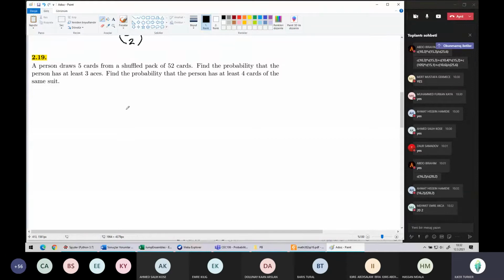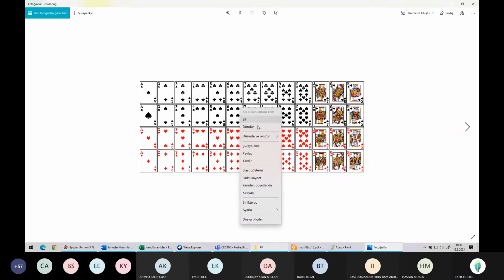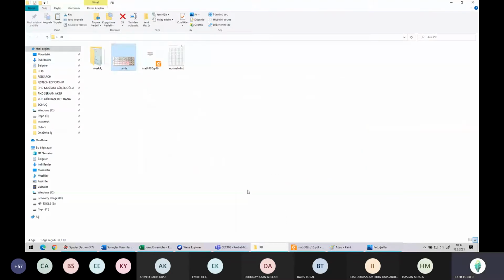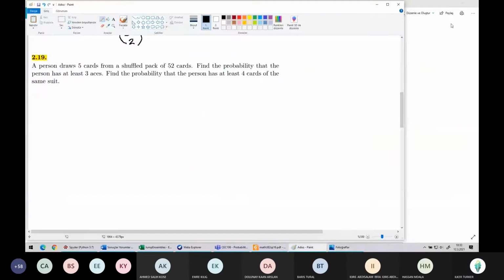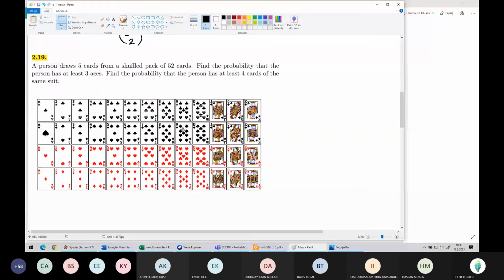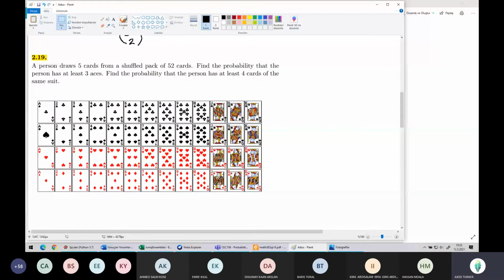The next question, a person draws 5 cards from a shuffled pack of 52. Again, we have a card question. Select 5 cards among 52. Find the probability that the person has at least 3 aces. Yes.